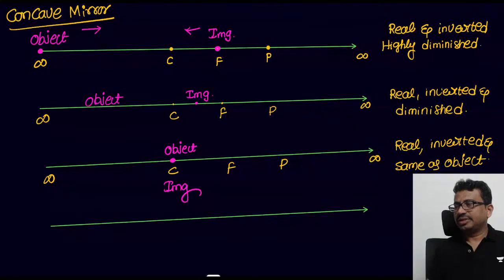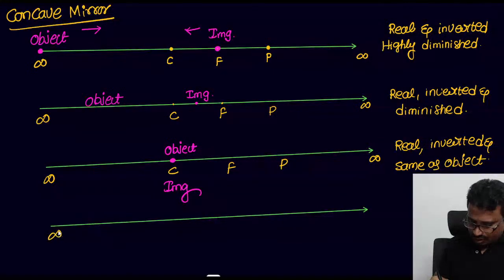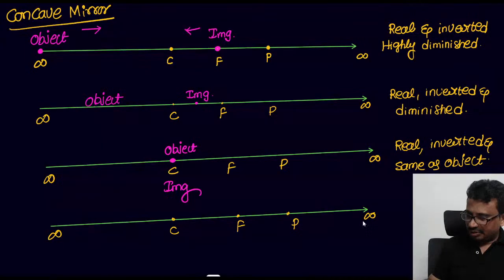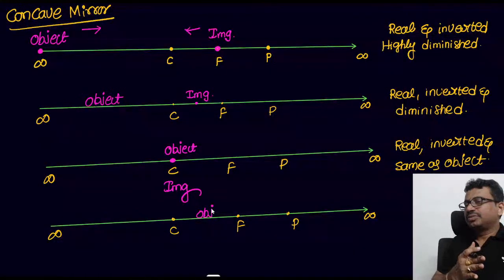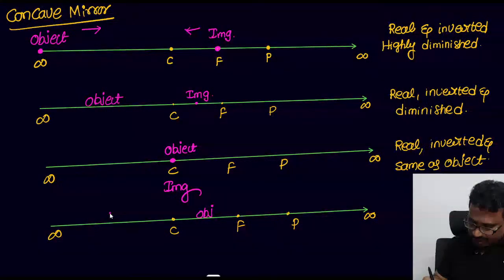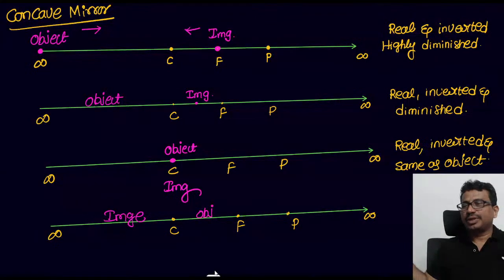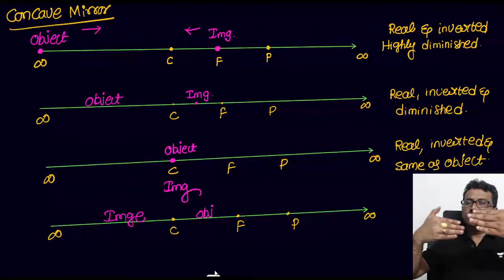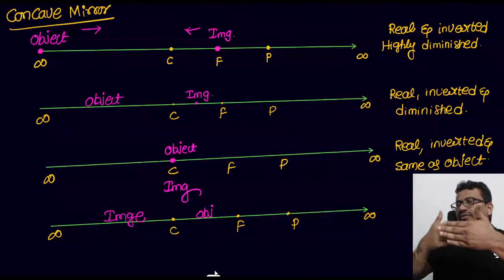Now let us say in this case, infinity, here is the center, this is the focus, this is the pole, and infinity. Here you tell me, if the object reaches here, then what happens to the image? Yes, the object is moving to the right side, the image will move to the left side. So then the image will form here. Simply, these two fellows, one fellow coming, the other fellow will move like this, and these two will meet at one place. Where will they meet, these two fellows?